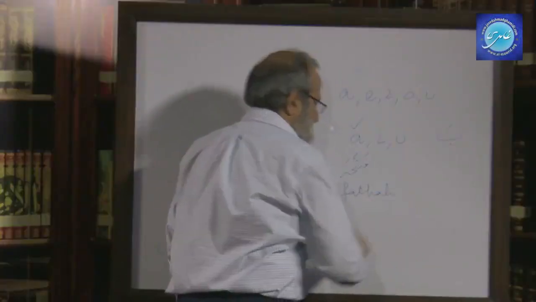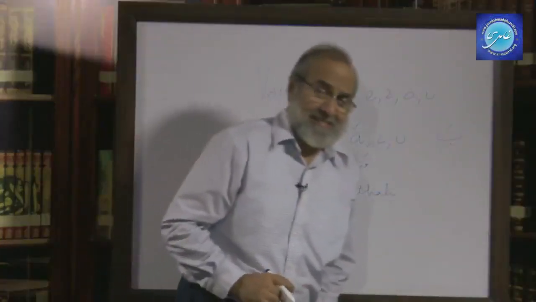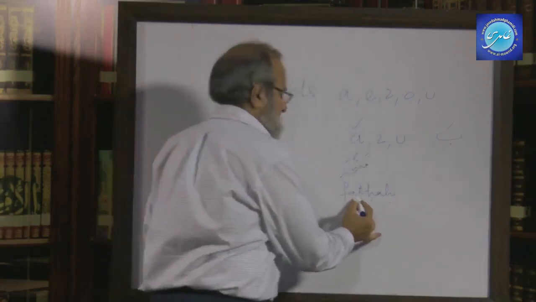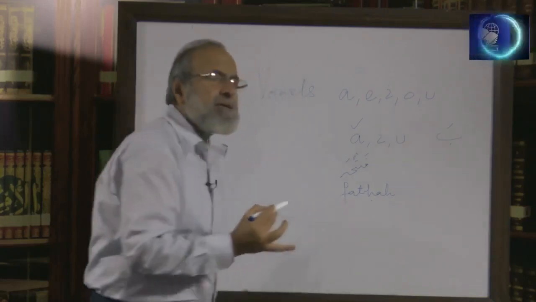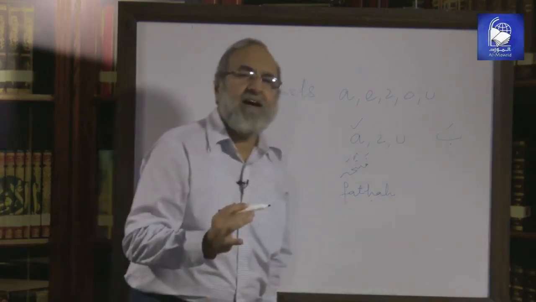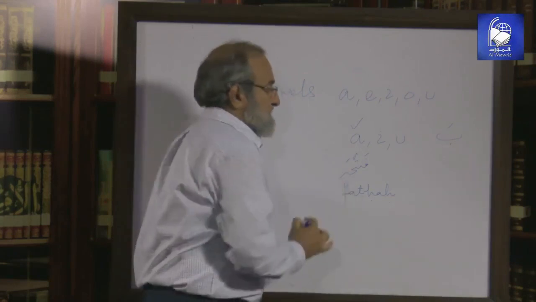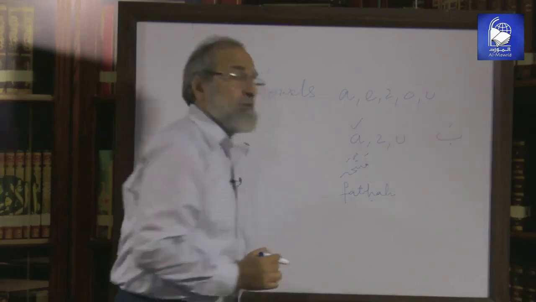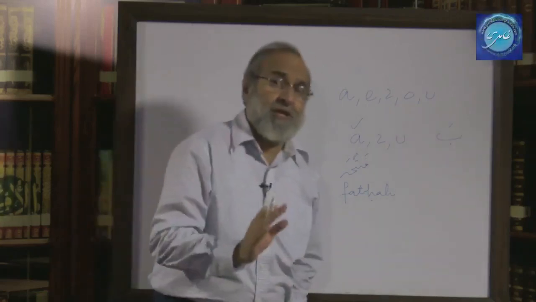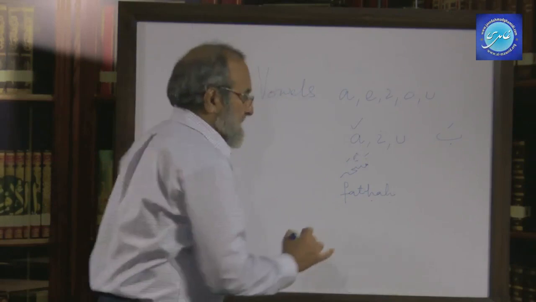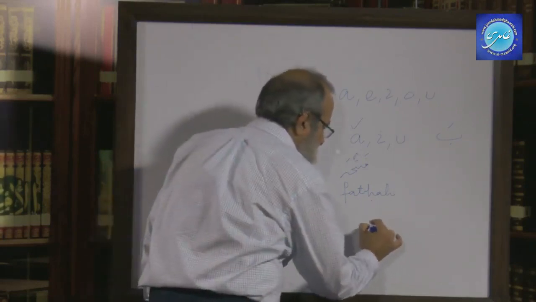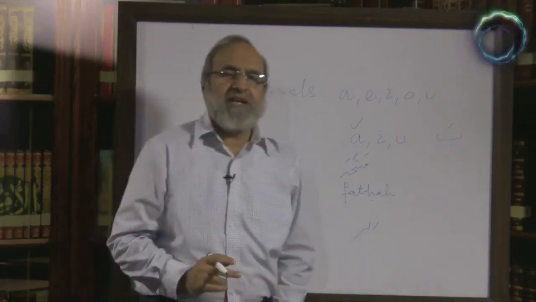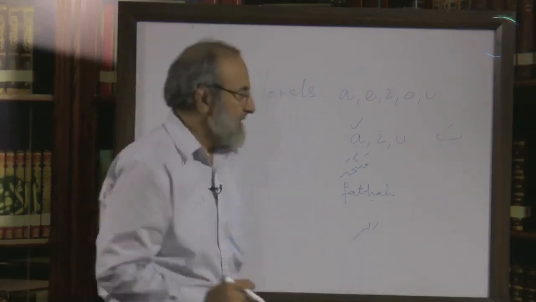I hope now those who have been practicing their alphabets would be able to pronounce this word a little better than before. Fatha. That is A. And when you have ba and you have the symbol of the equivalent of A, the fatha, which, by the way, in Urdu we call zabar, we would pronounce it as ba.